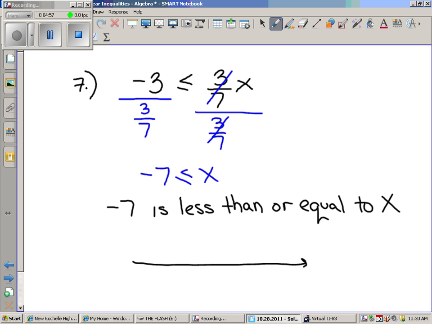Let's try and graph it out. Here's negative 7 and here's 0. Now, negative 7 is less than or equal to, give me a number. These are all numbers that can be filled in.